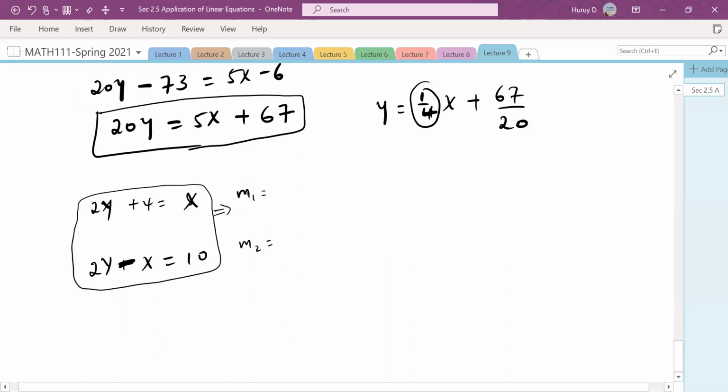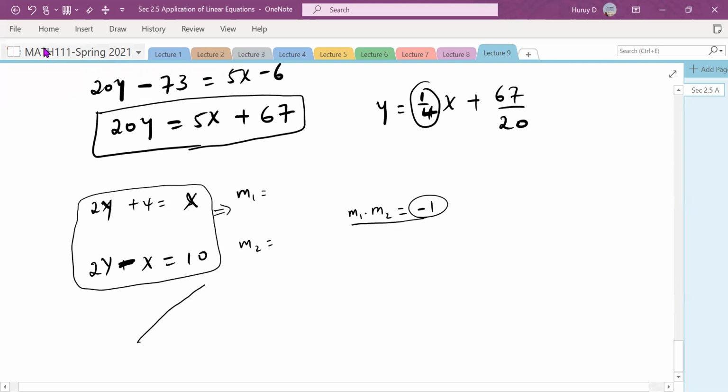For parallel, we expect both of them to be the same. For perpendicular, when you multiply M1 times M2, you need to get -1. If you get -1, they are perpendicular, and if they are equal, they are parallel. You don't even need to graph the two equations.